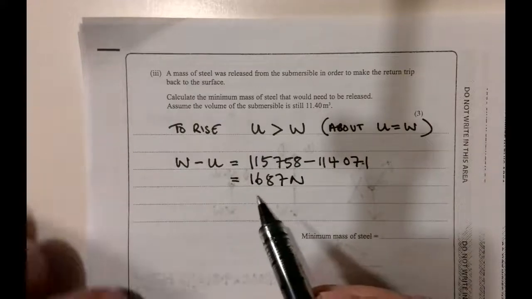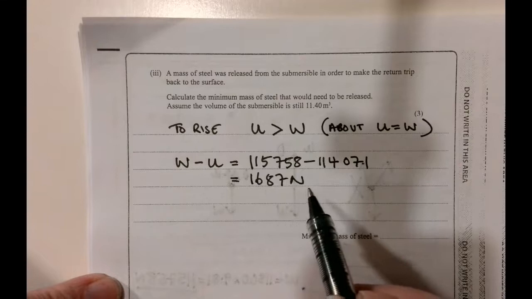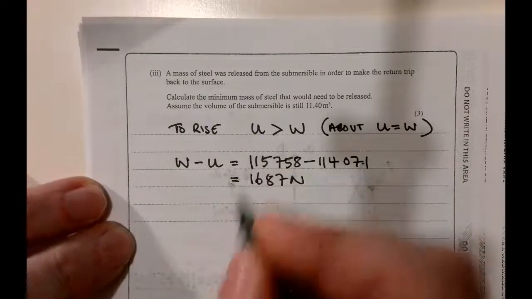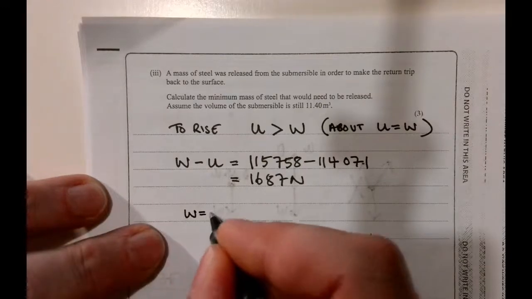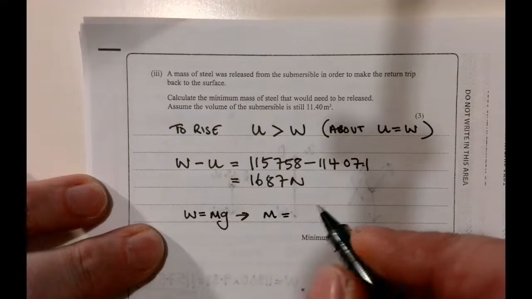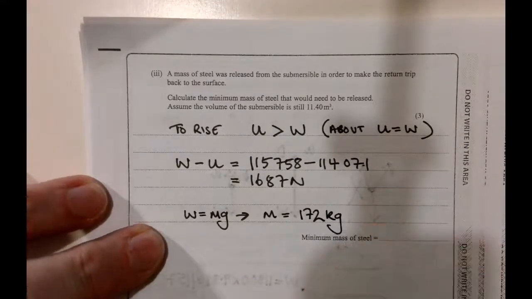So basically, the submarine needs to weigh 1687 newtons less. So how much mass does it have to get rid of? Well, using W equals mg, the mass is going to equal 172 kilograms.